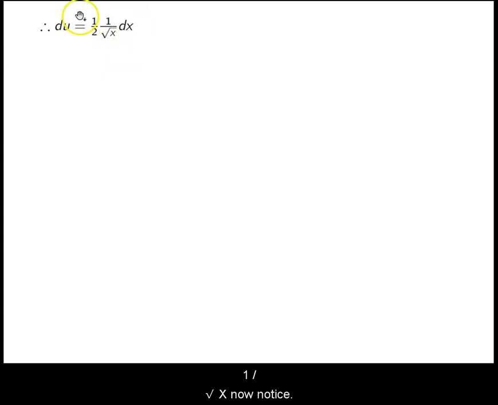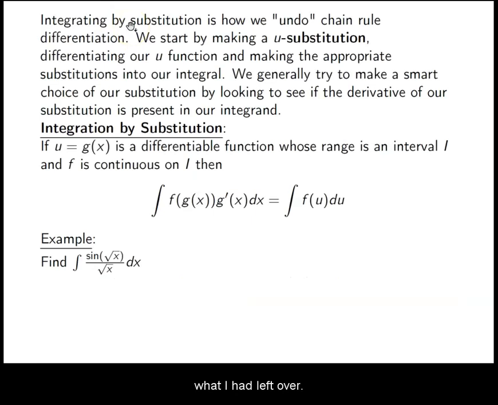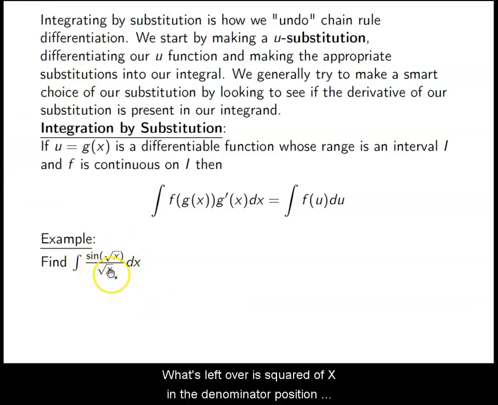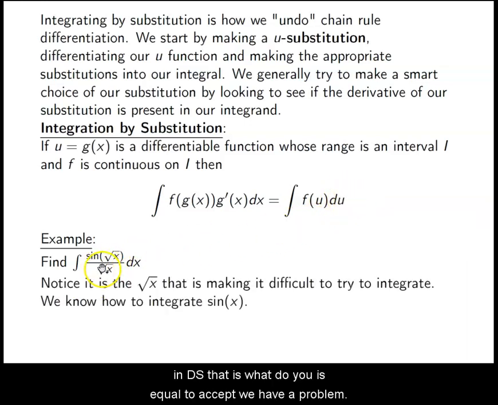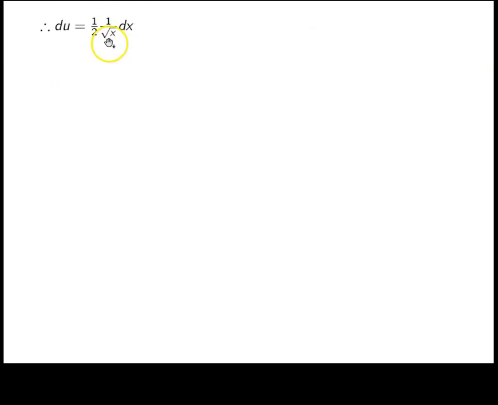Now notice that this square root of x in the denominator and a dx is what I had left over here. So if I plug in u, I get sine of u. What's left over is square root of x in the denominator position and dx. That is what du is equal to, except we have a problem.